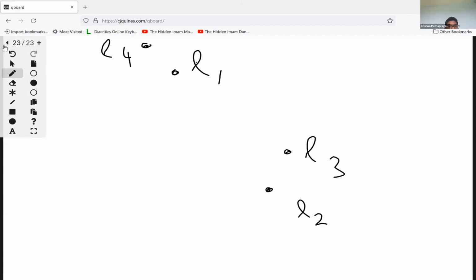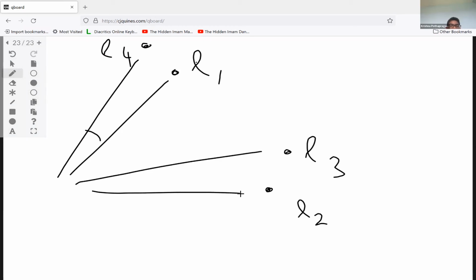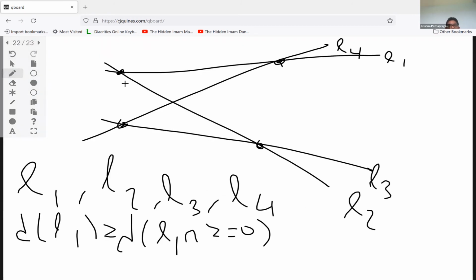It's an artistic representation of it. And we want to show that basically the angle between these is the angle between these, right?